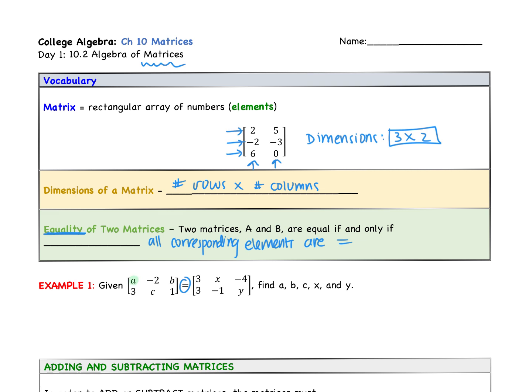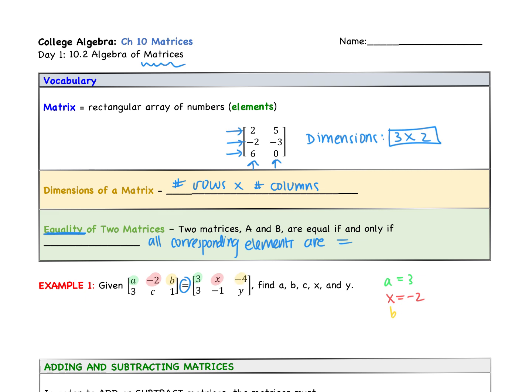These are only equal, like I said, if the corresponding elements are equal. What that means is the first elements have to be equal. Okay, so right away, that tells us that A equals 3. Then, our second elements have to be equal. Okay, so that tells us that X equals -2. And we're just going to keep going. Third elements have to be equal.